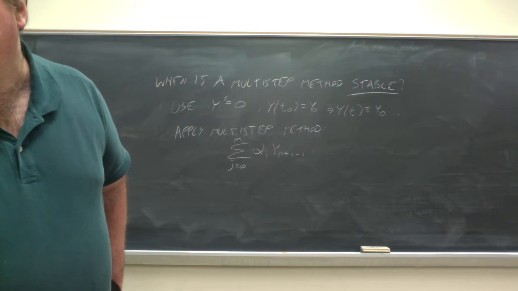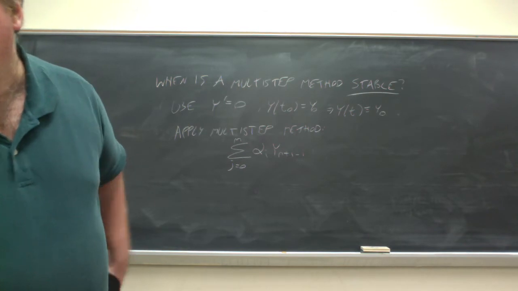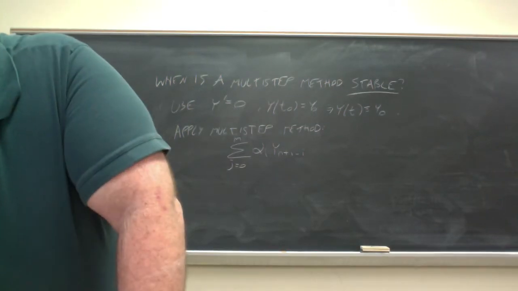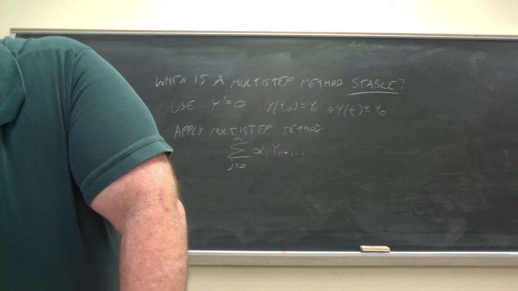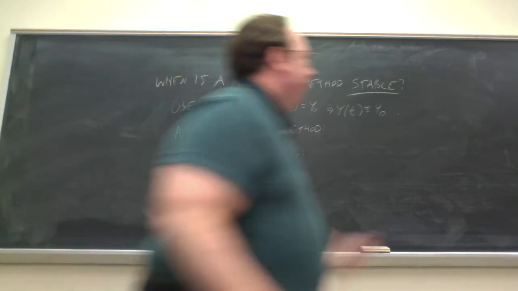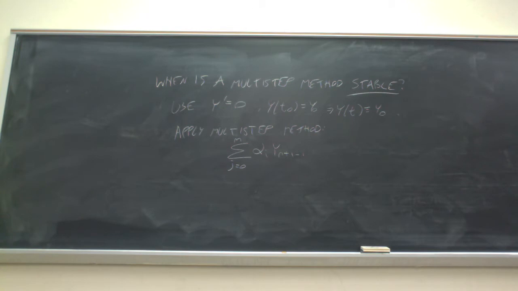I just realized I goofed earlier. No problem, easily fixed. Sorry, fix your notes up here. It's not y i, it's y n plus 1 minus i. And same over here. That's the general form of the multi-step method.